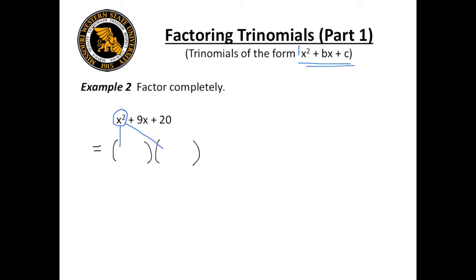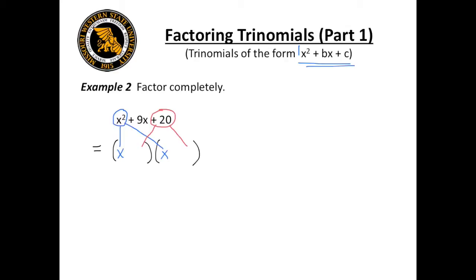Since x times x gives us x squared, we know that x will be the first term in each of our binomials. We also know that the positive 20 gives us the numbers in the back of each binomial. Specifically, the factors of positive 20 will give us what we need.